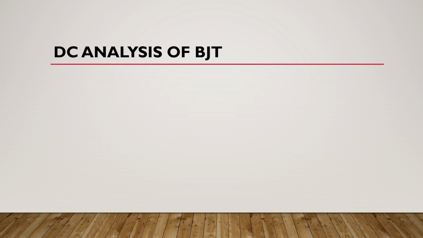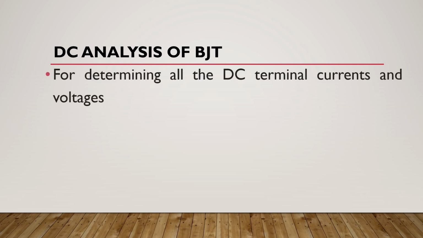Now we will understand DC analysis of bipolar junction transistors. It helps us to determine all the DC terminal currents, that is base current, collector current and emitter current, and voltages for both N-type and P-type transistors.